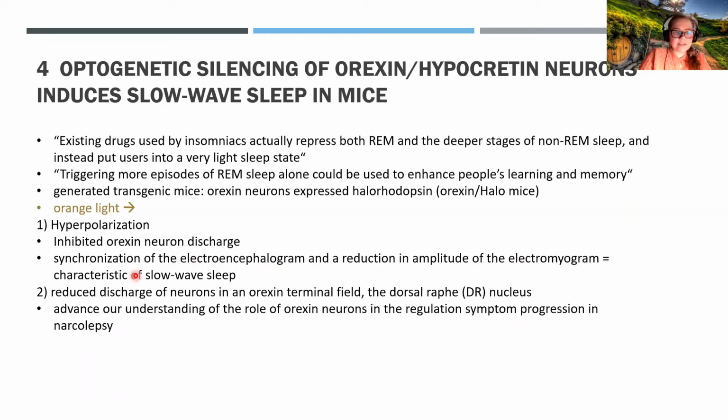And this meant that the animals entered slow wave sleep. It was not clear what the function of orexin neurons is. I think it's not clear yet. But after this optogenetics experiment, we can suggest that orexin neurons play a role in sleep, in REM sleep, but in deeper stages of sleep.